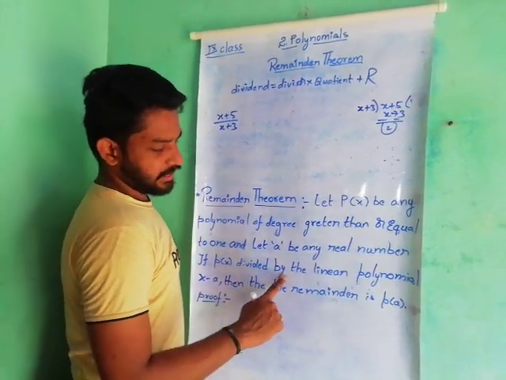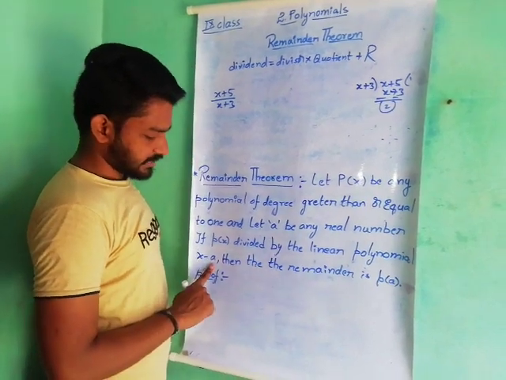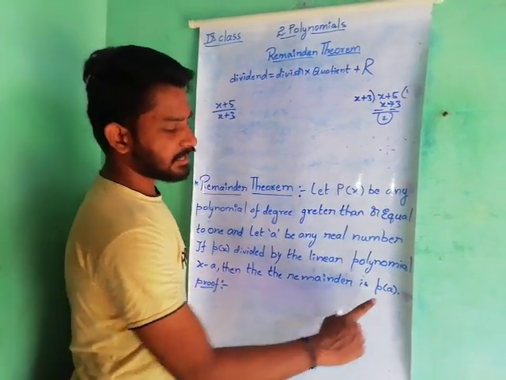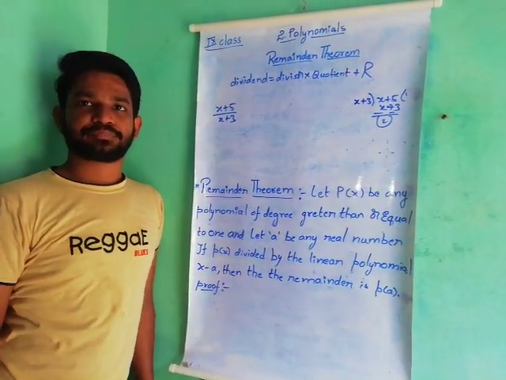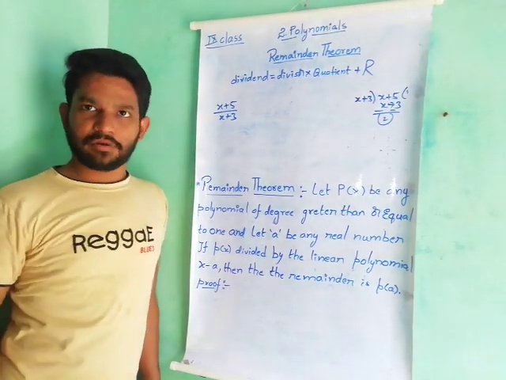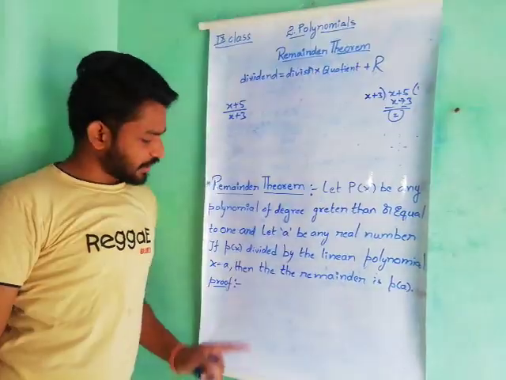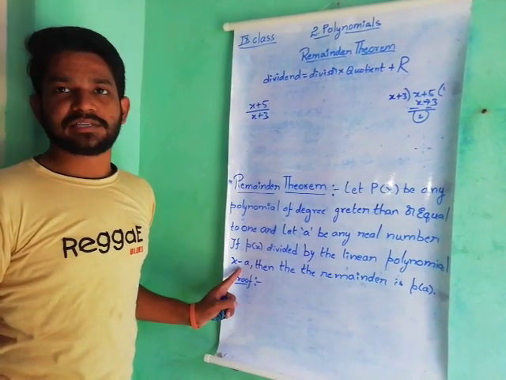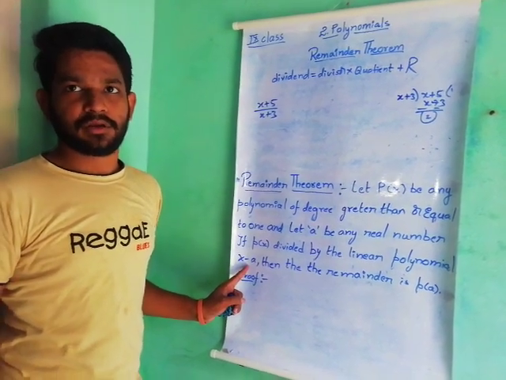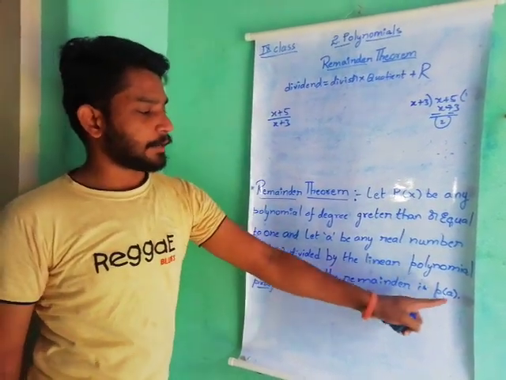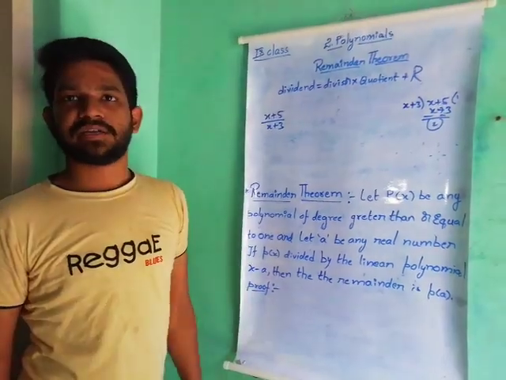If P of x is divided by the linear polynomial x minus a, then the remainder is P of a. So what is the remainder? P of a. That is the remainder theorem.